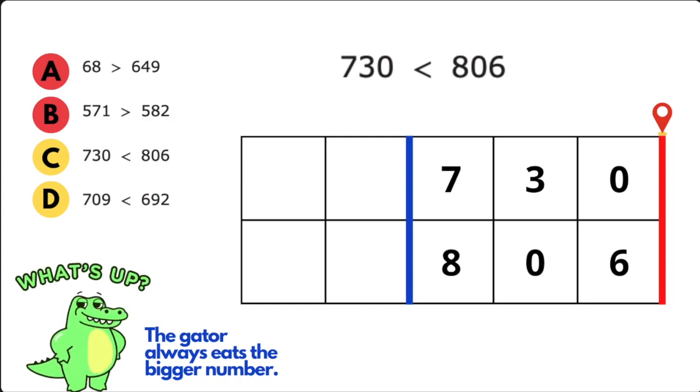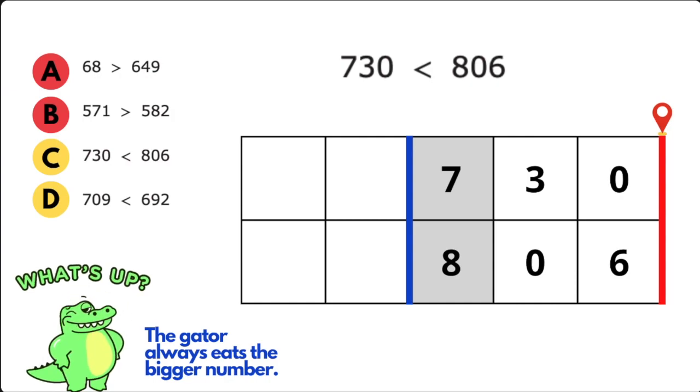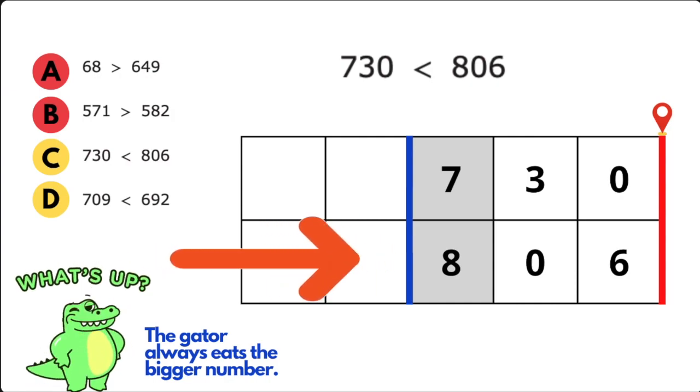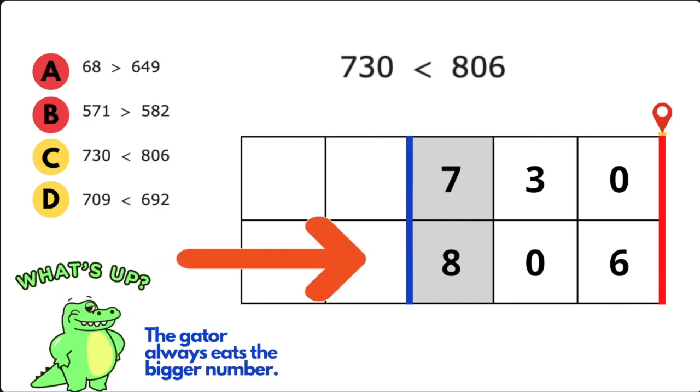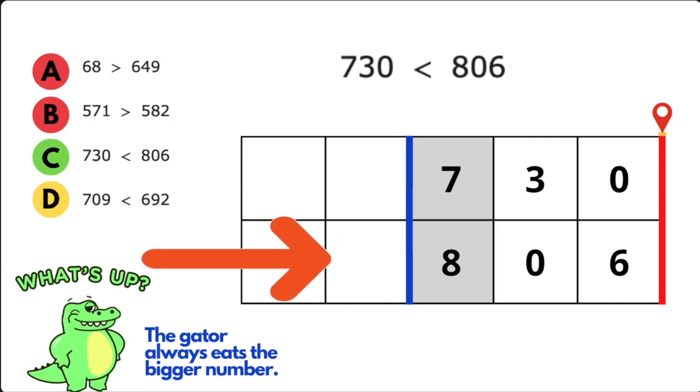Let's go to our largest value, the hundreds place. You can see that 800 is larger than 700, so we already know that 806 is larger than 730. That works, because in our answer choice, the gator's eating the larger number.